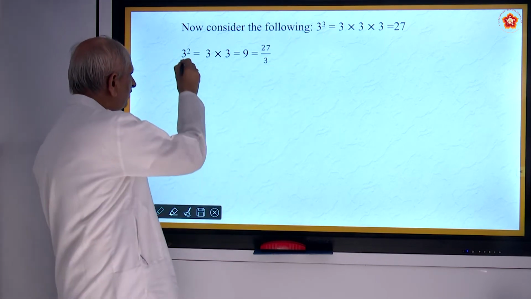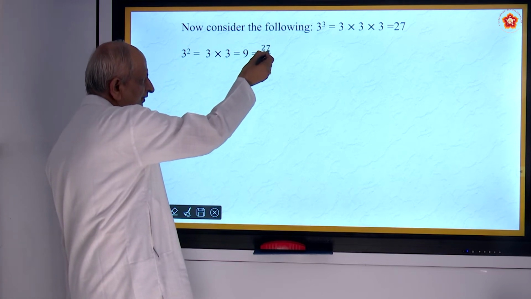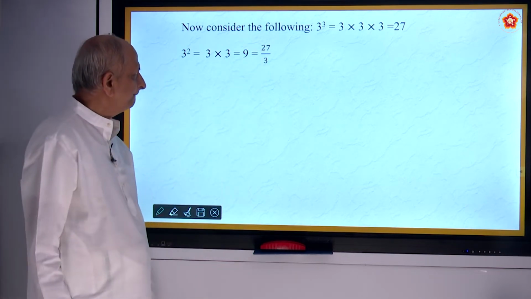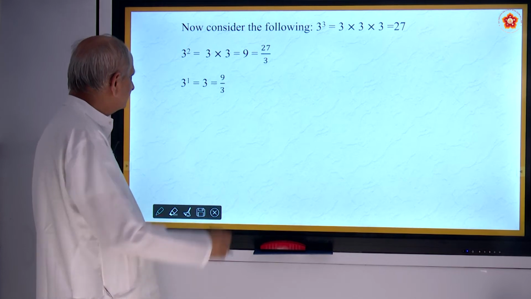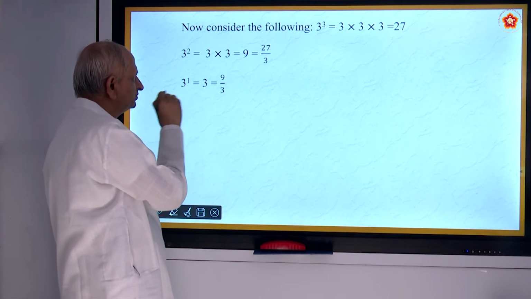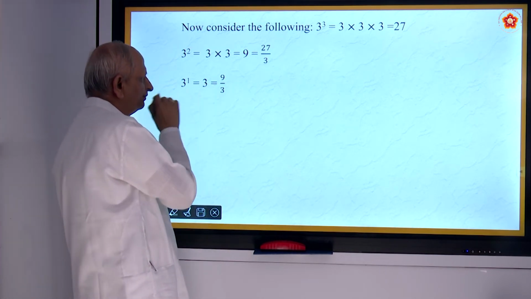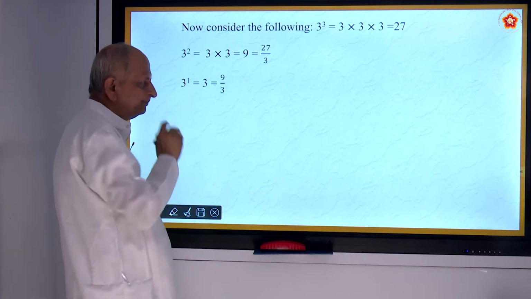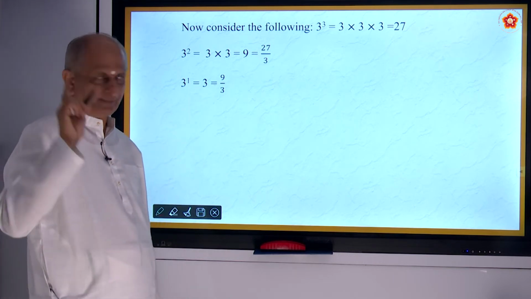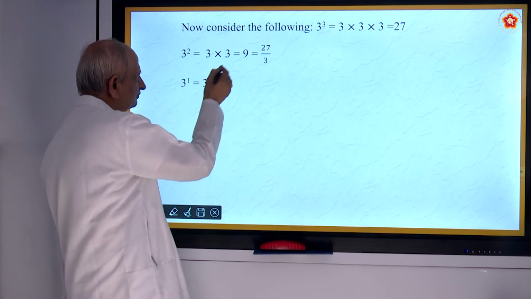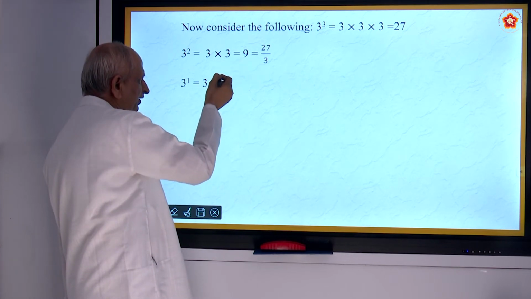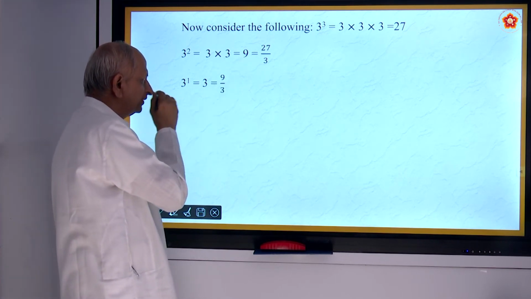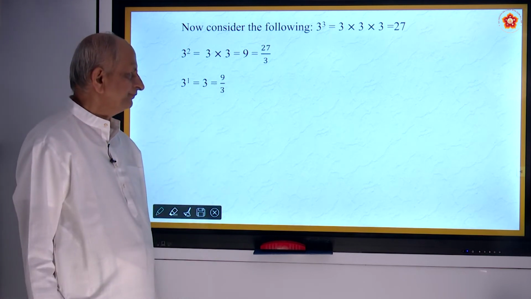So how did we get 3 square? When 27 is divided by 3, that is the meaning. And 3 to the power of 1 means what? The value of 3 to the power of 1 is 3, meaning 3 is multiplied 1 time. How do you get it? That is 3 square by 3, that is 9 by 3.